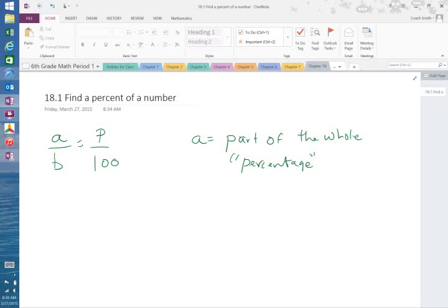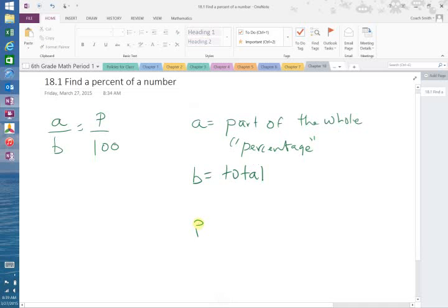B is equal to the total. P is equal to the percent. And 100 is always constant. It stays the same.